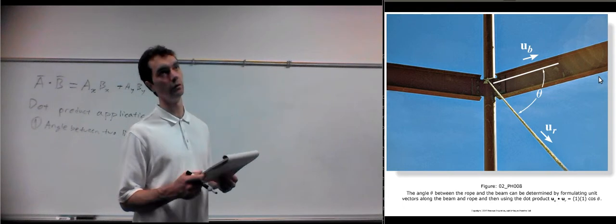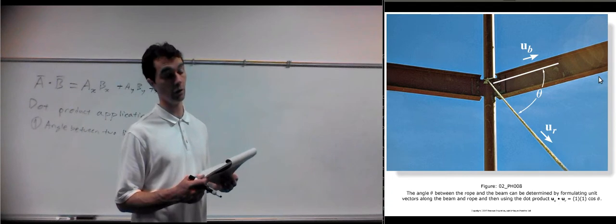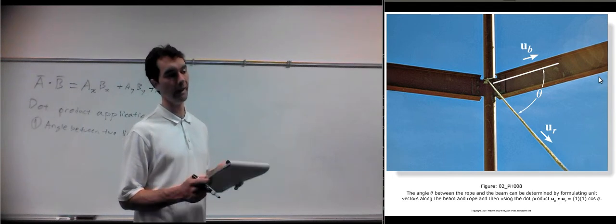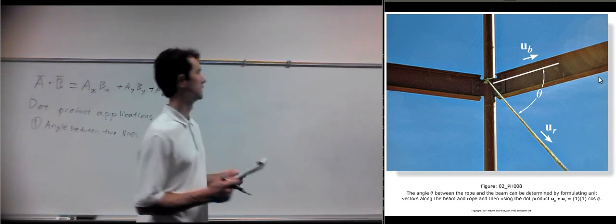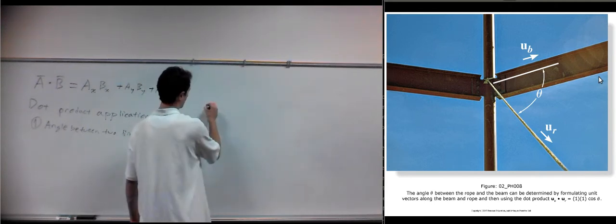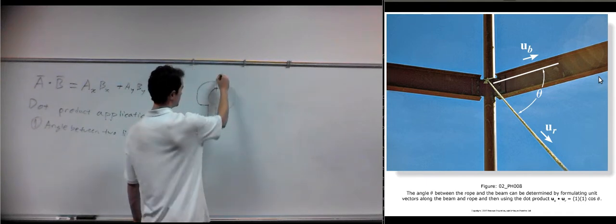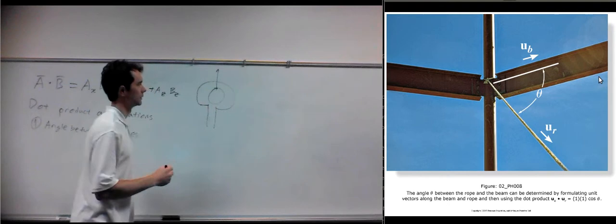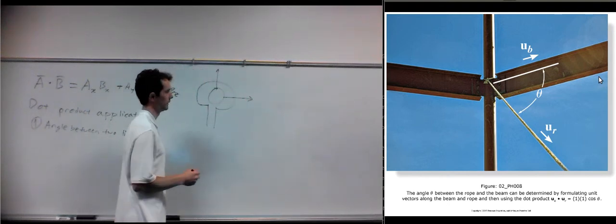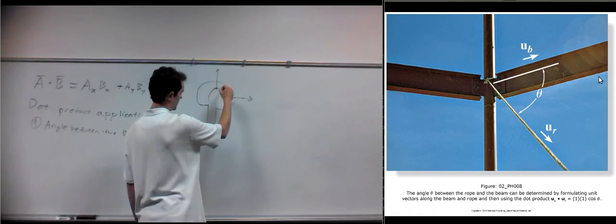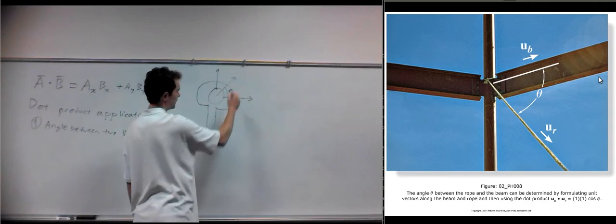This might be useful if we have an eye bolt connecting to a rope tied into the eye bolt, and the strength of the eye bolt decreases with the angle. So say we have an eye bolt like this. Its maximum strength is whenever the rope is pulling on it straight up, and it's weakest if you're pulling on it like that. And so we want to find the angle that the rope is pulling on the eye bolt at, so this angle theta.